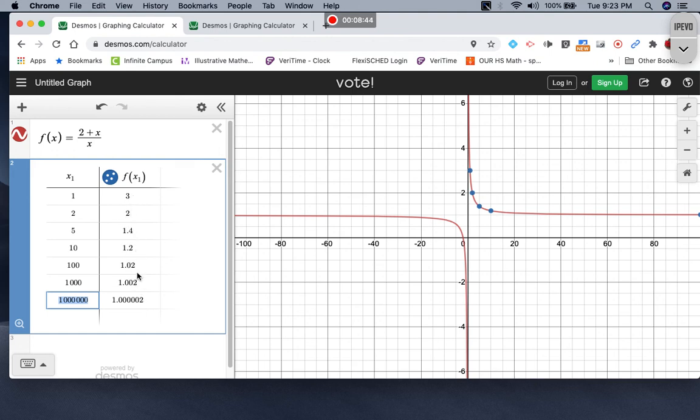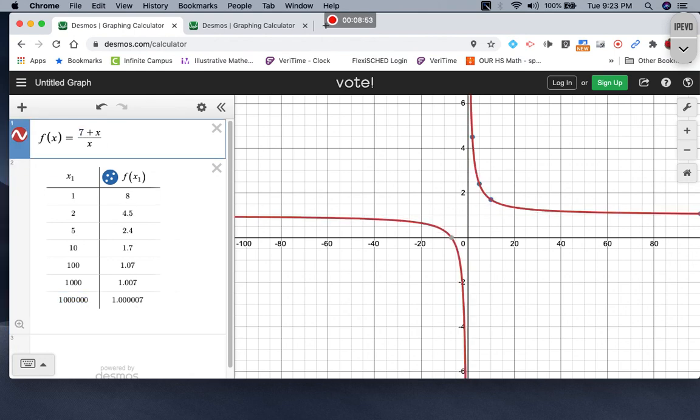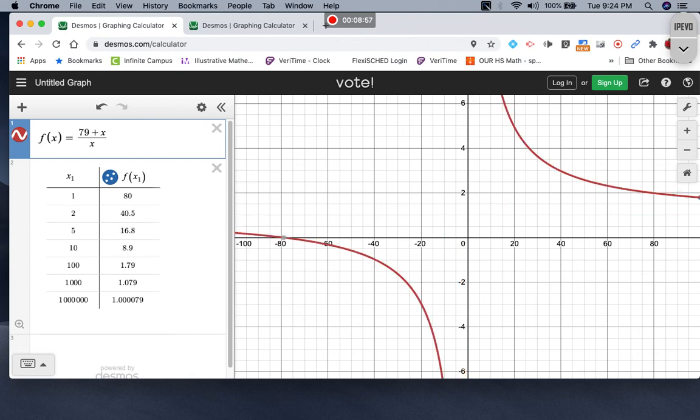These are getting closer and closer and closer to 1. I change this number. Now I'm off the graph, but if we look at our table, again, we get up to a million and we're basically 1. So this number doesn't seem to have a whole lot to do with it.